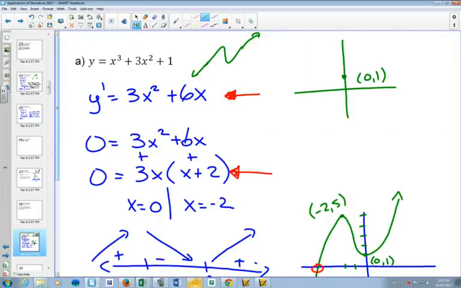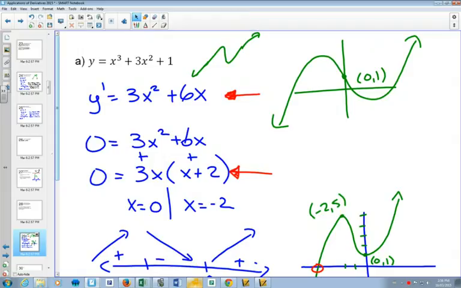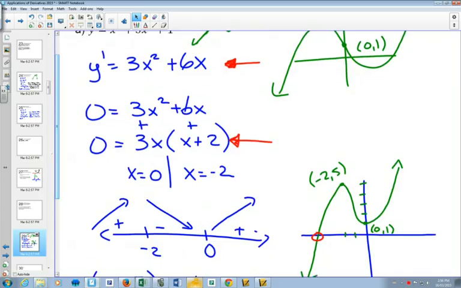So the best you could do from grade 12 is estimate, but you wouldn't know what's happening other than it goes through 0, 1. We now, with calculus, find these maximum and minimum values, and our graph is that much more accurate. Okay, try the next one.